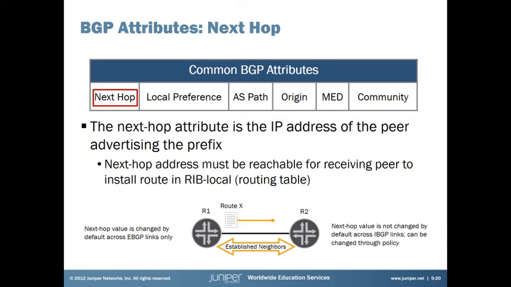Here's another really important point. The next hop value is changed by default across eBGP peers only, or eBGP links only. What does that mean? That means that with an eBGP peering arrangement, the router receives a route advertisement from another autonomous system.